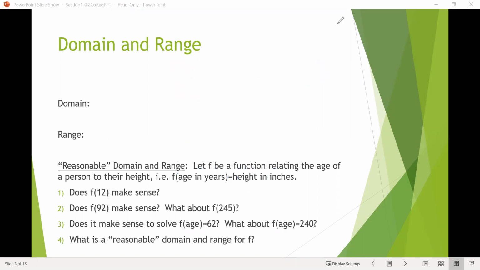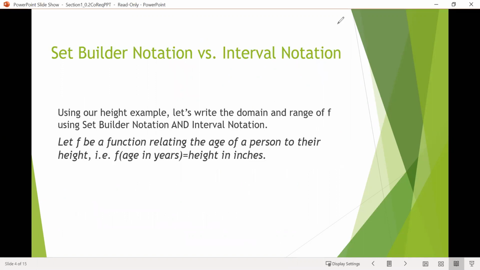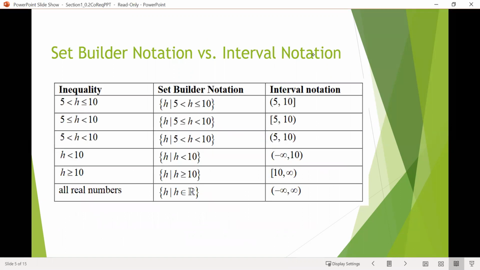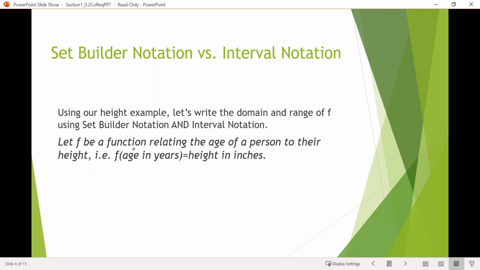All right. Let's talk about some other ways to write domains and ranges. I'm again going to write these off to the side. The domain we had was 0 is less than or equal to A, which is less than or equal to 113.